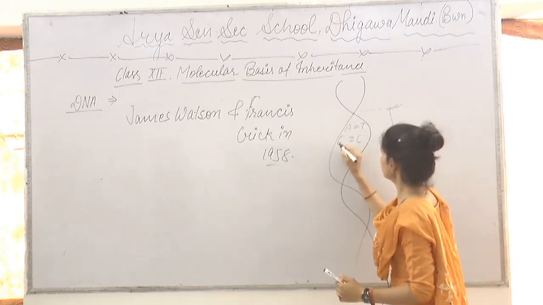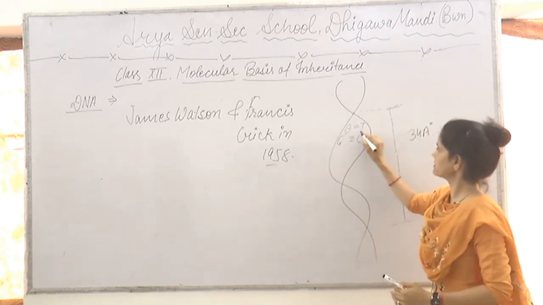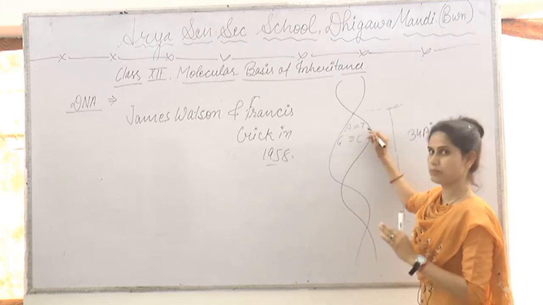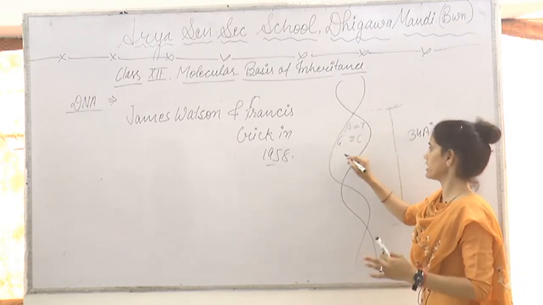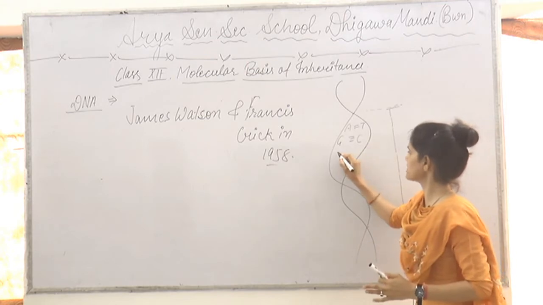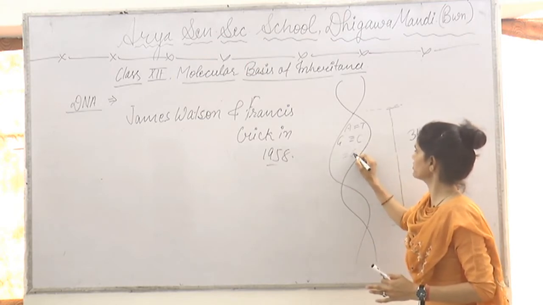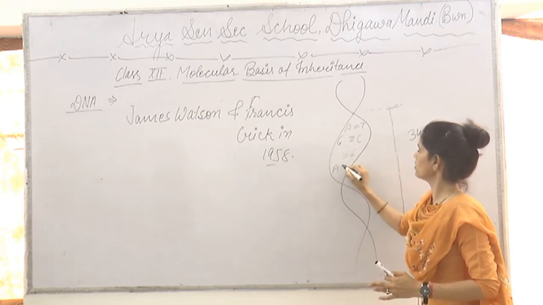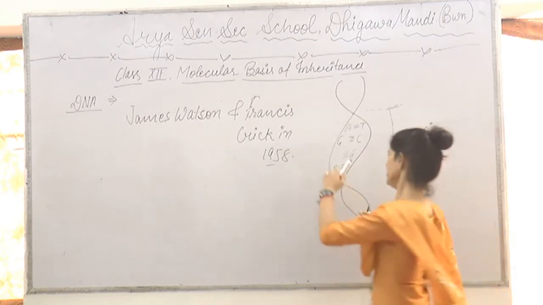We will discuss that later. So adenine will always form a pair with thymine, guanine always pairs with cytosine, and cytosine will always pair with guanine, and adenine will always pair with thymine.